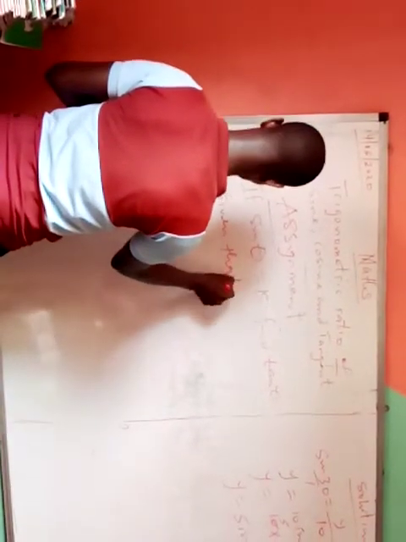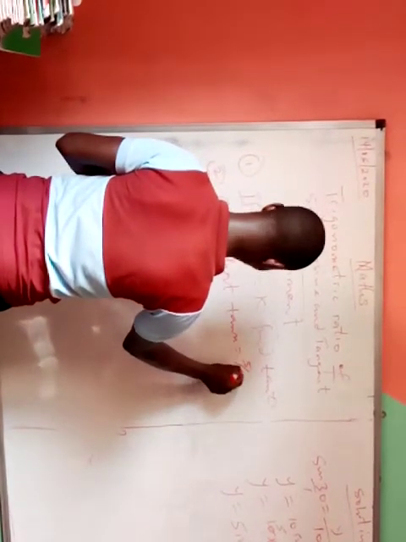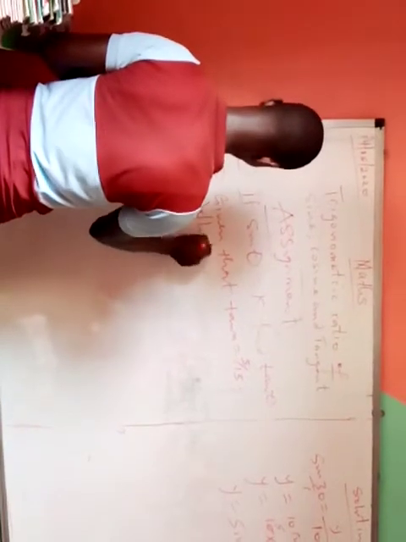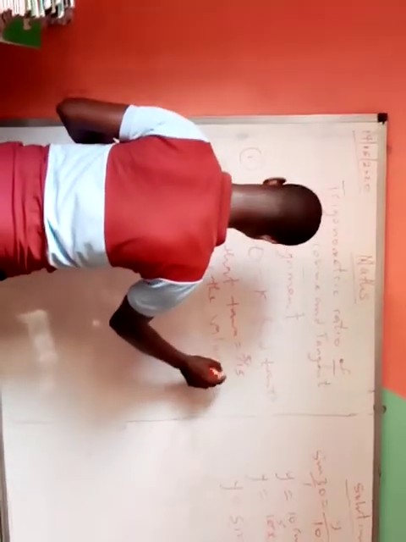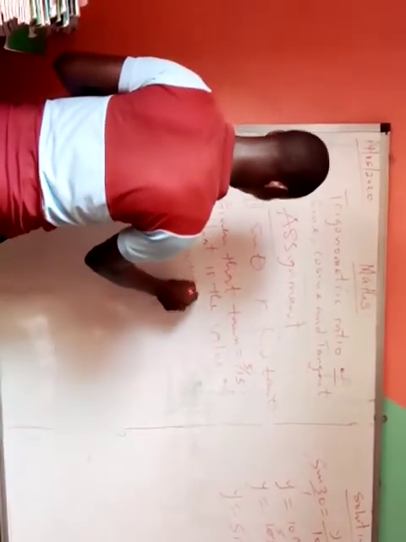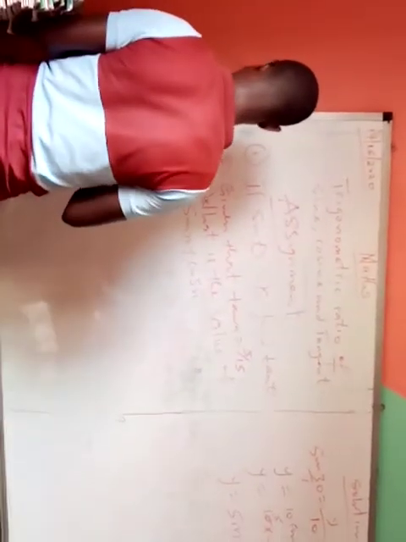Given that tan x is equal to 5 over 12, what is the value of sine x plus cos x? This is also a WAEC question. All the questions are WAEC questions.